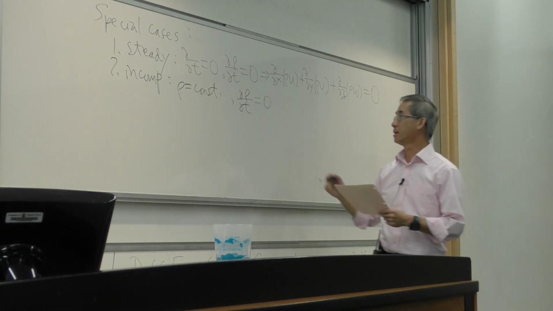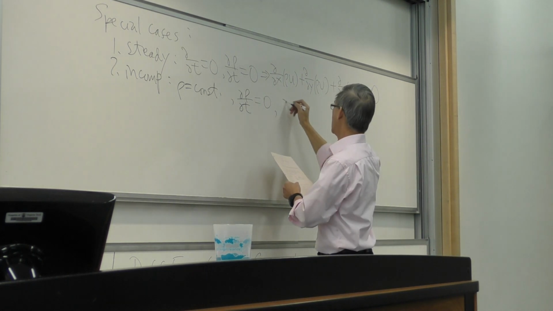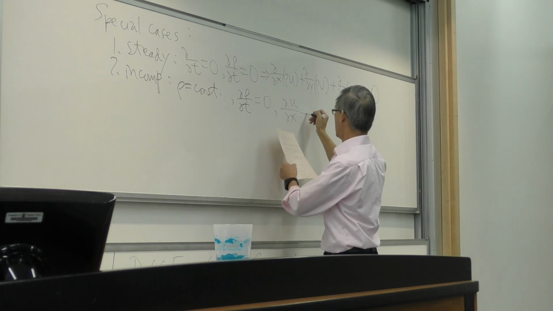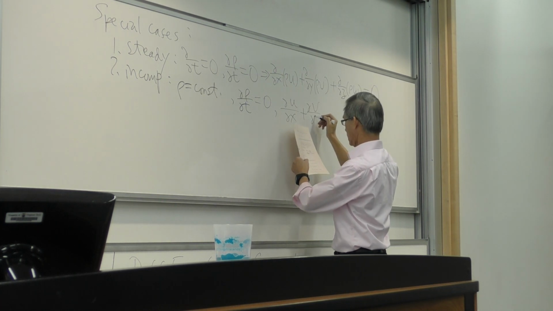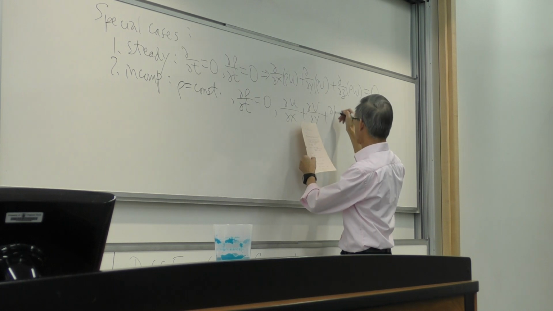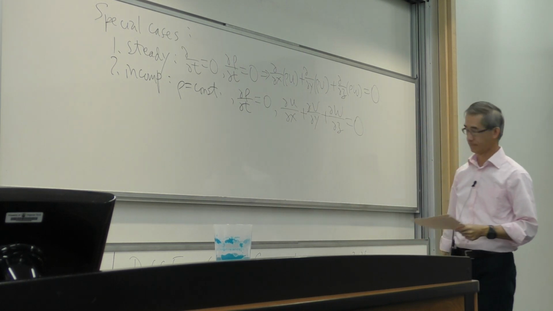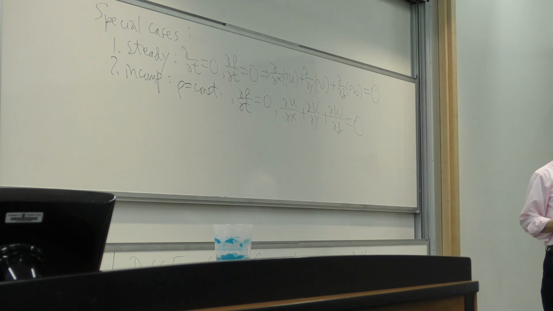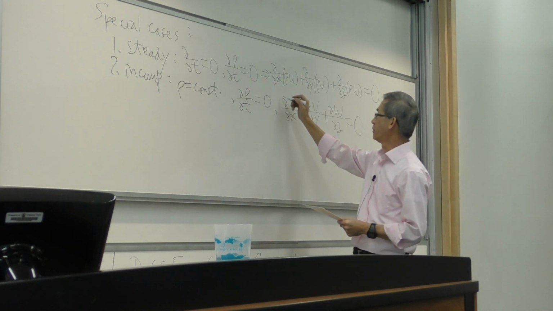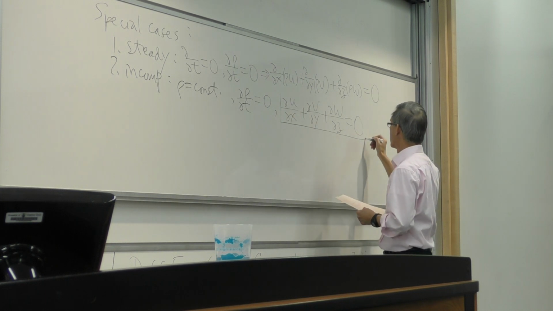And what remains is even simpler because I can factor out the density. So those are some of the special cases that will allow us to simplify the differential equation of continuity.